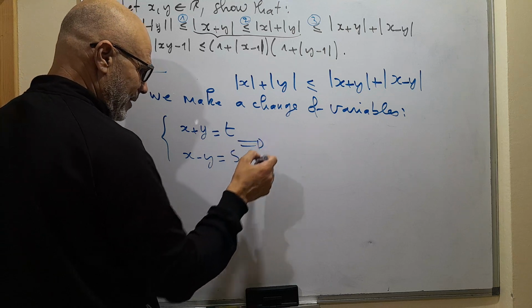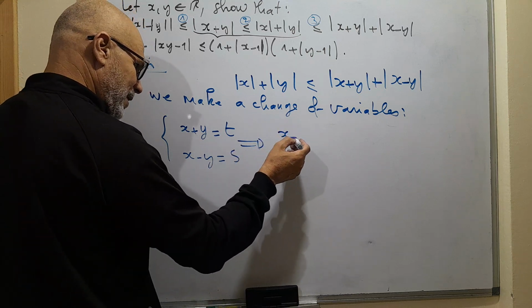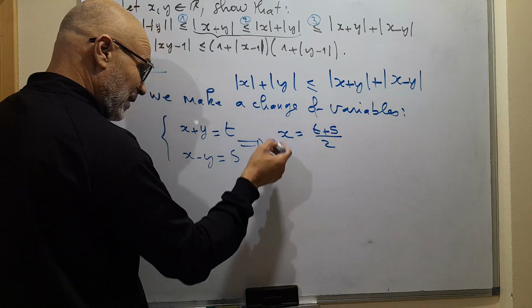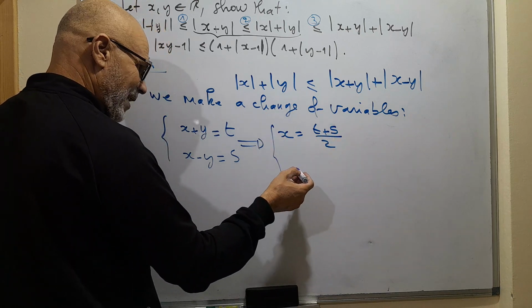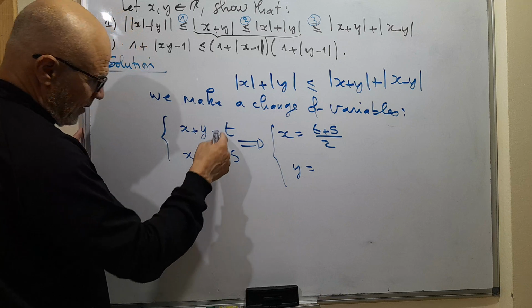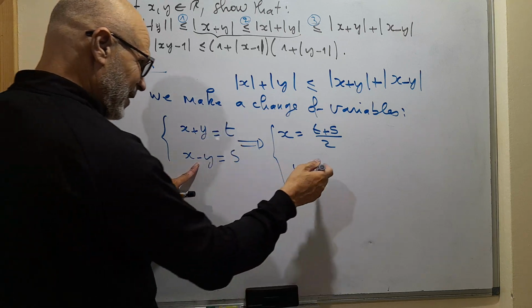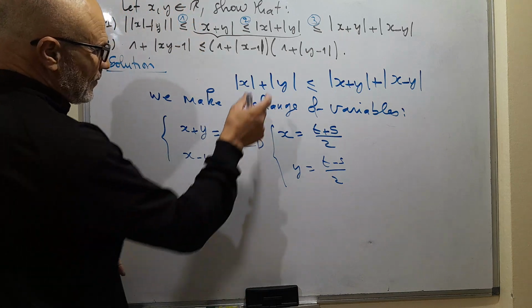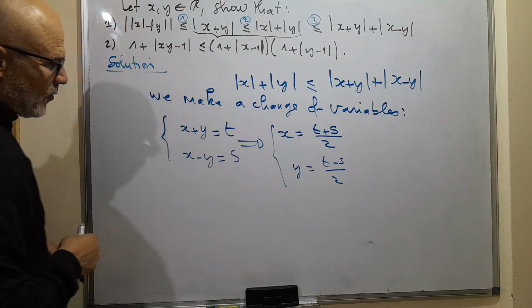From this system, we get that x is equal to t plus s over 2. Very easy to do. And y is equal to t minus s over 2. We start with this one.